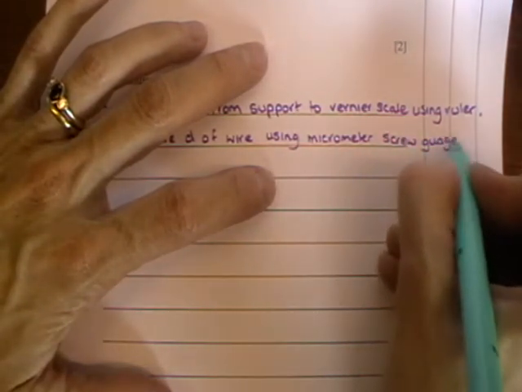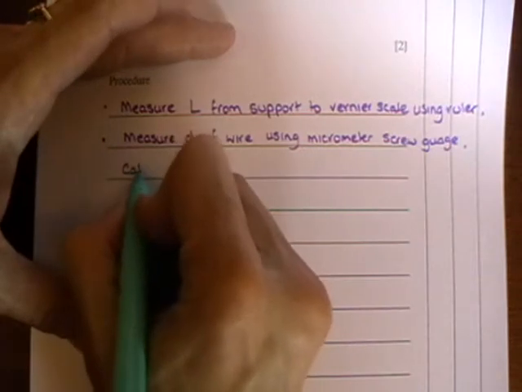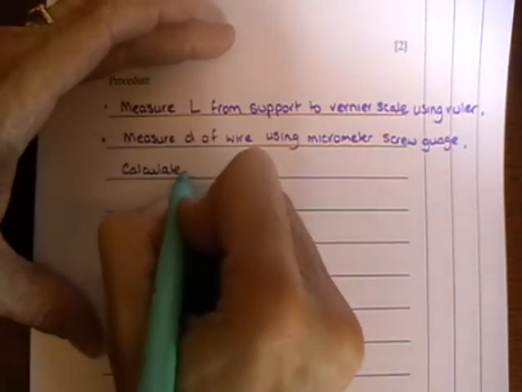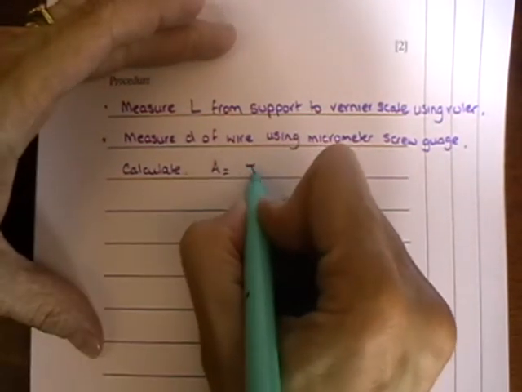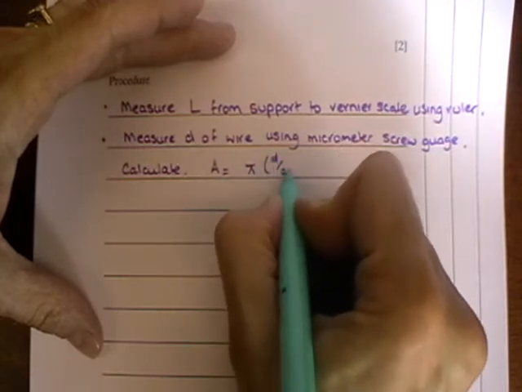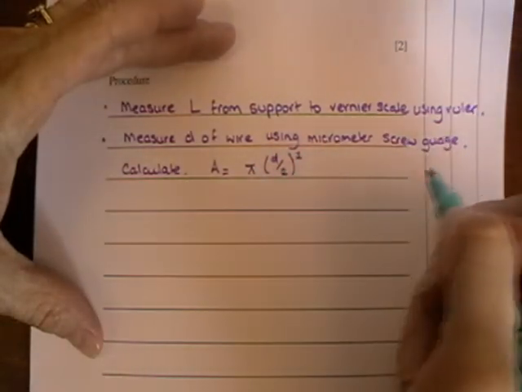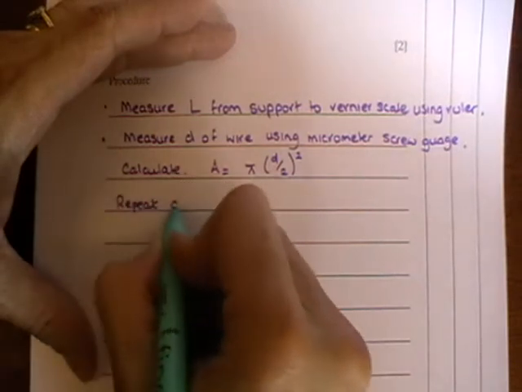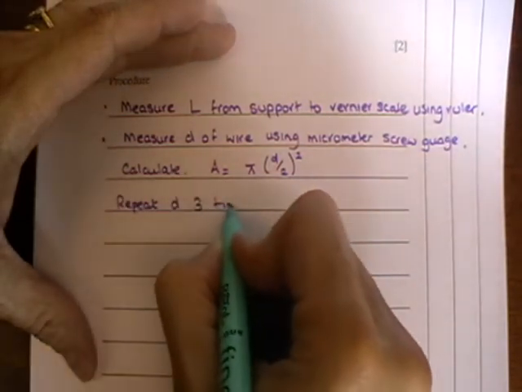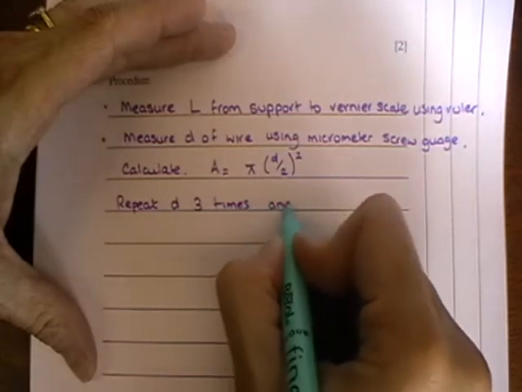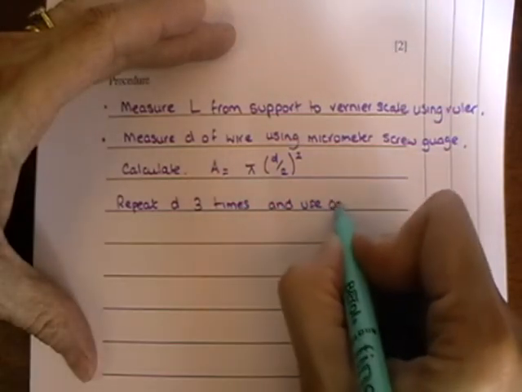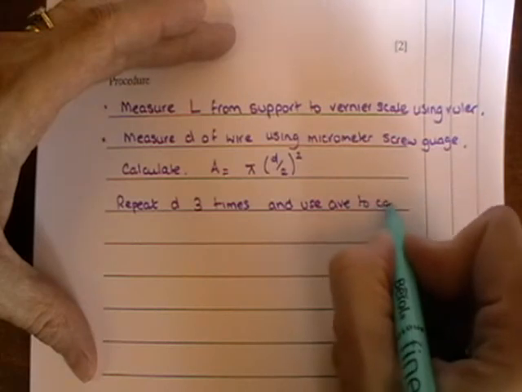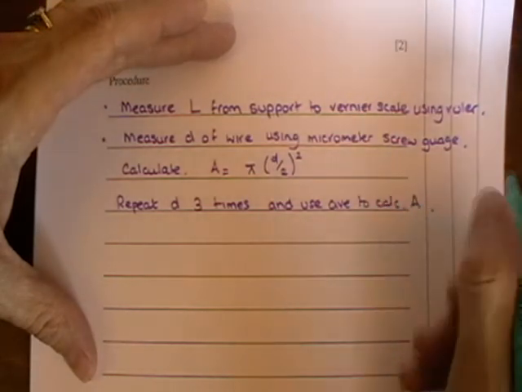And then you're saying that you're going to calculate the area of the wire by doing pi d over 2 squared. Now you're going to repeat d 3 times and use the average to calculate A.